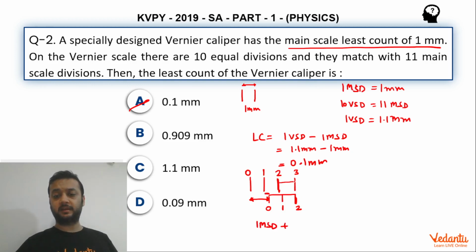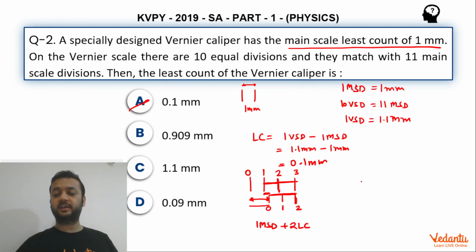This is 1 MSD and this is 2 MSD, so the total of this is 2 MSD, and this is 2 VSD. So this small distance is 2 into least count, 2 LC. That's why this total length will become 1 MSD plus 2 into least count.